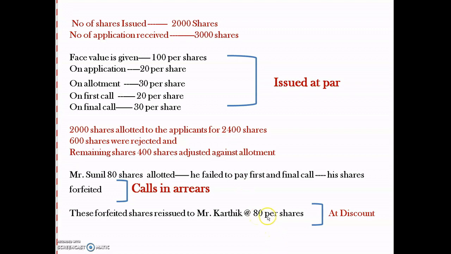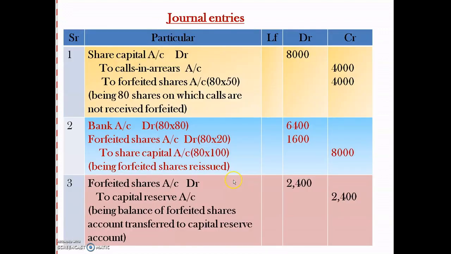Difference between this, that is 20. So that 20 we have to take here, multiply both, it will come 1600. To share capital account, 80 means forfeited shares multiply with original price, that is face value 100, it will come 8000. Okay, so being forfeited shares reissued. So like this we have to calculate the reissue entry.